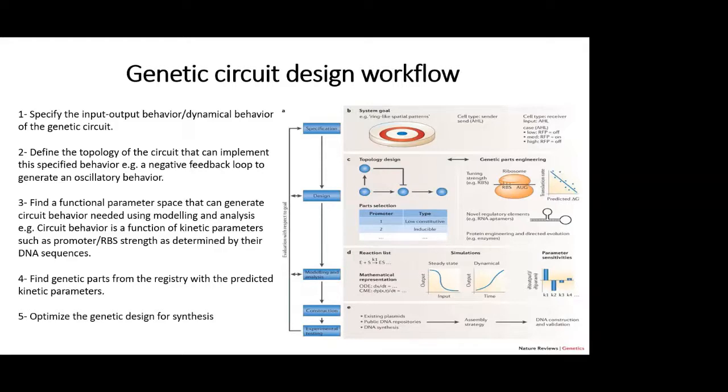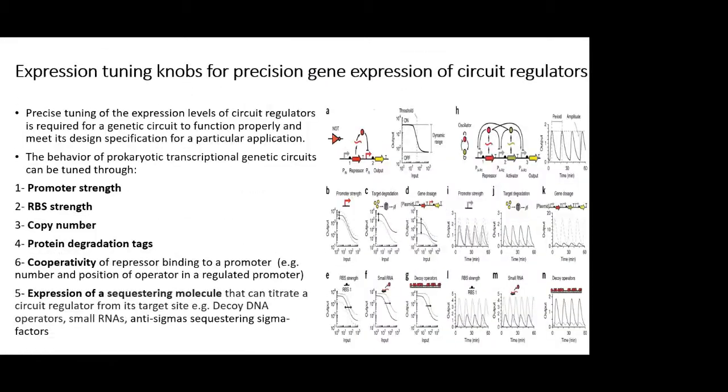We have a functional parameter space that can generate our desired behavior. In this functional parameter space, we need to figure out what genetic parts populate our genetic circuit design.